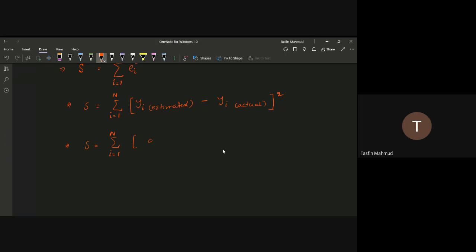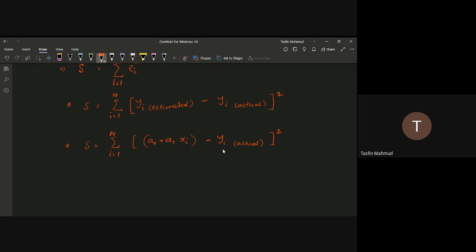So we can write this expression as the summation from i equals 1 to n of a naught plus a1 xi, and we will consider this thing and subtract the actual value, the yi actual, and take its square.